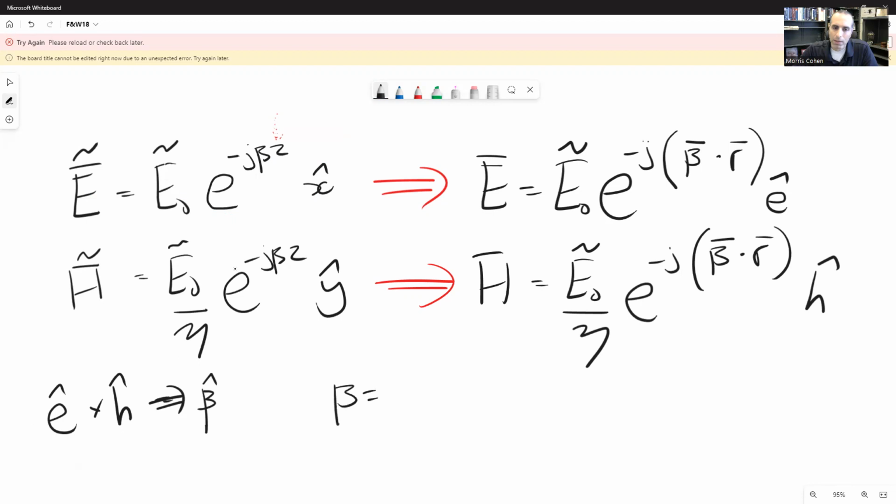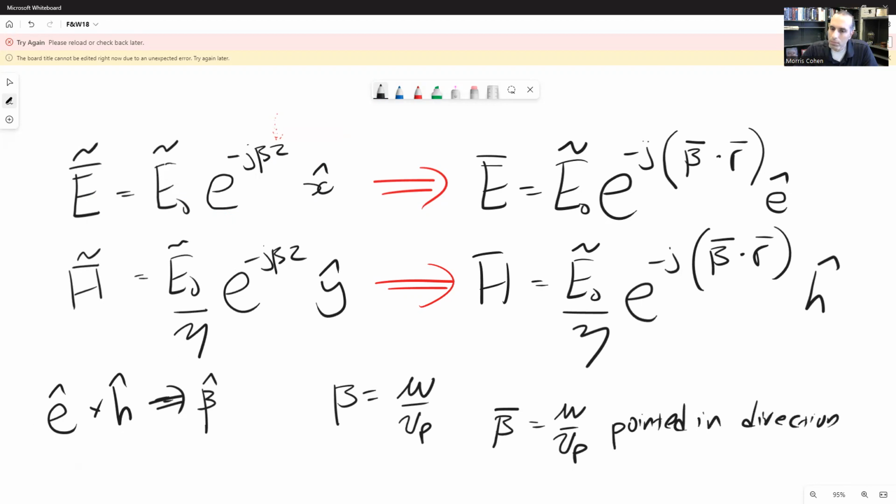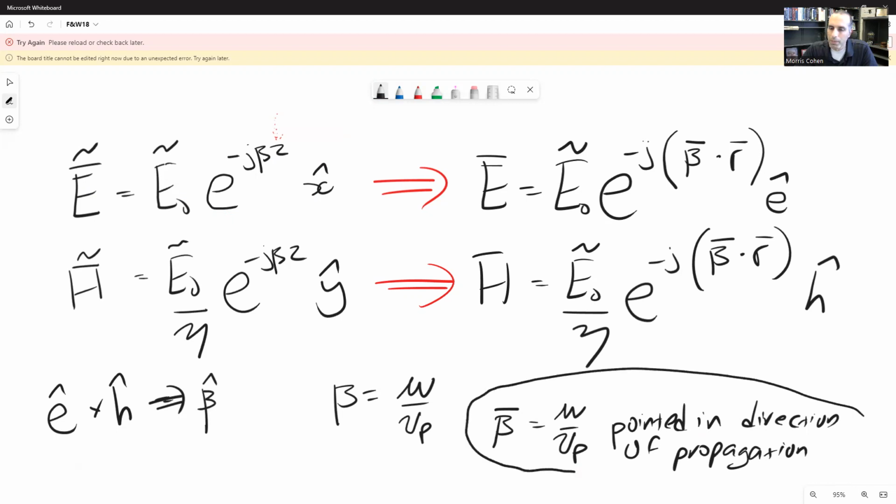Beta equals omega divided by the propagation velocity. But beta bar, as a vector, is going to be omega divided by Vp, and it's going to be pointed in the direction of propagation. So that's our definition of beta.